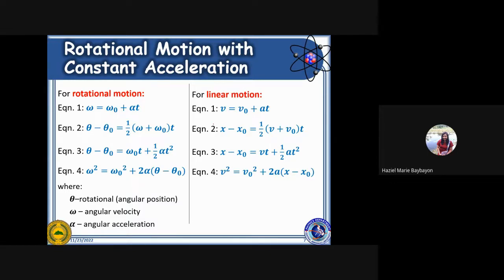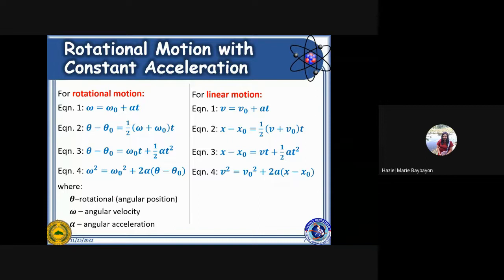So this has been replaced to the angular velocity for rotational motion. So ang imo ang X, so as you can see, giilisan ni siya og theta naught. Ang imong V, giilisag omega. And then, imo ang A, the linear acceleration has been replaced to alpha. So, this is for rotational motion.